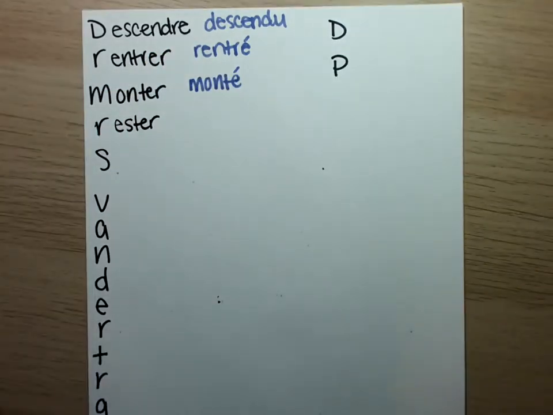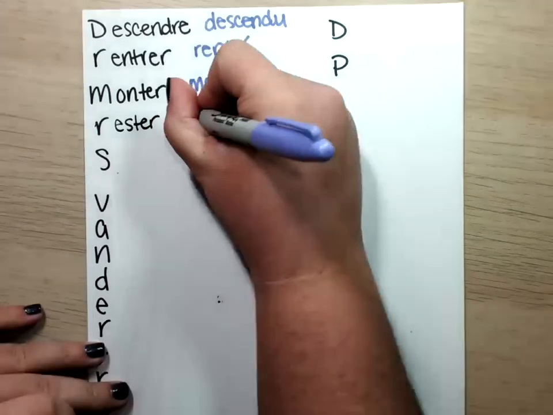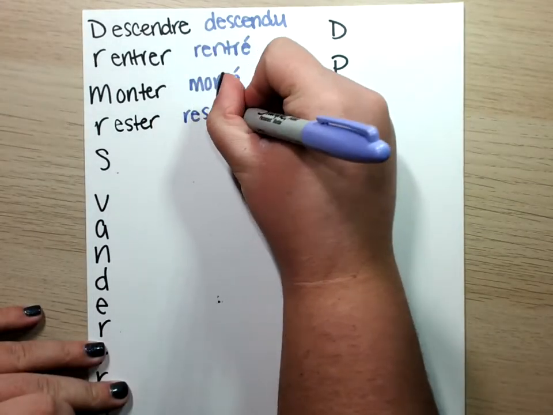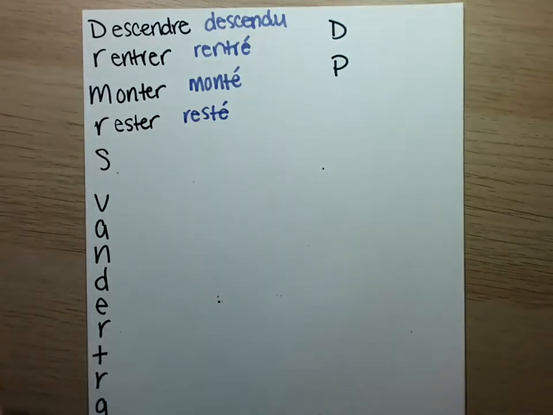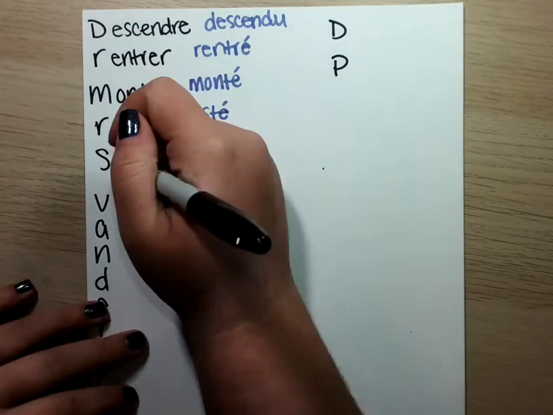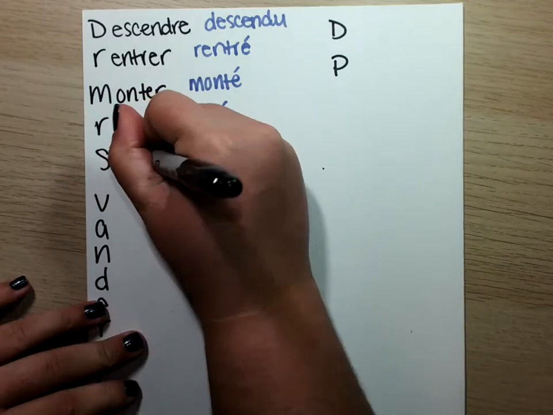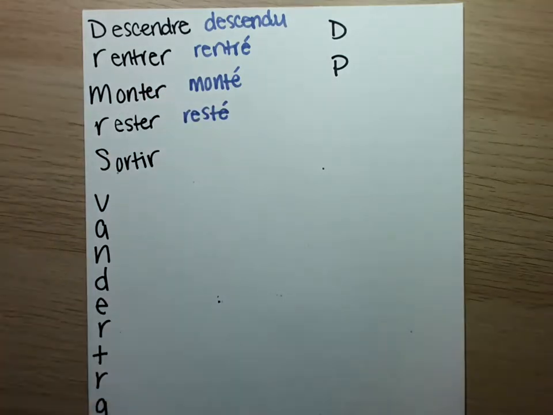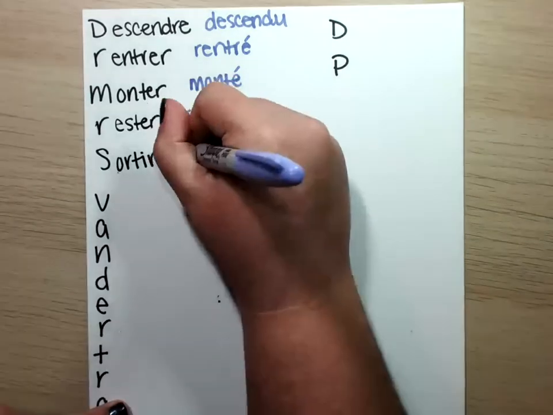Rester is pretty easy to remember. Rester is the verb to stay. And rester follows that same rule. All right. Next one is sortir. Sortir also follows that rule, so it's sorti.